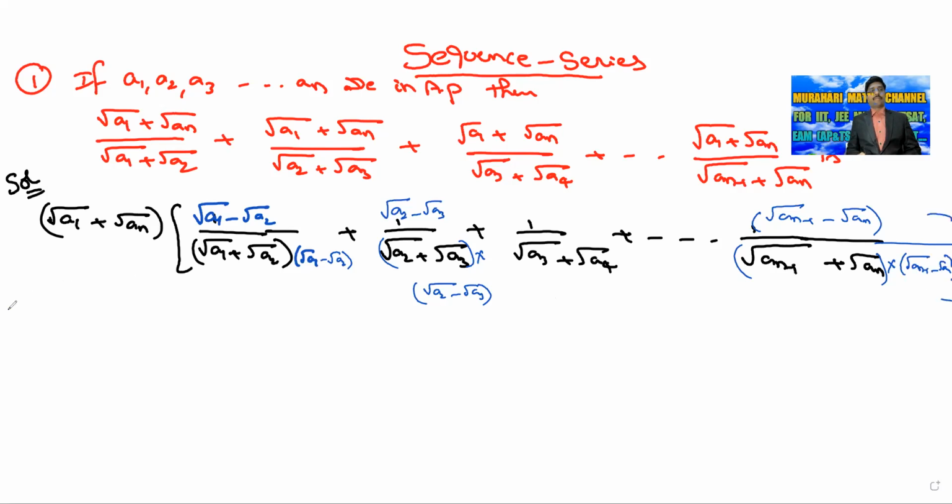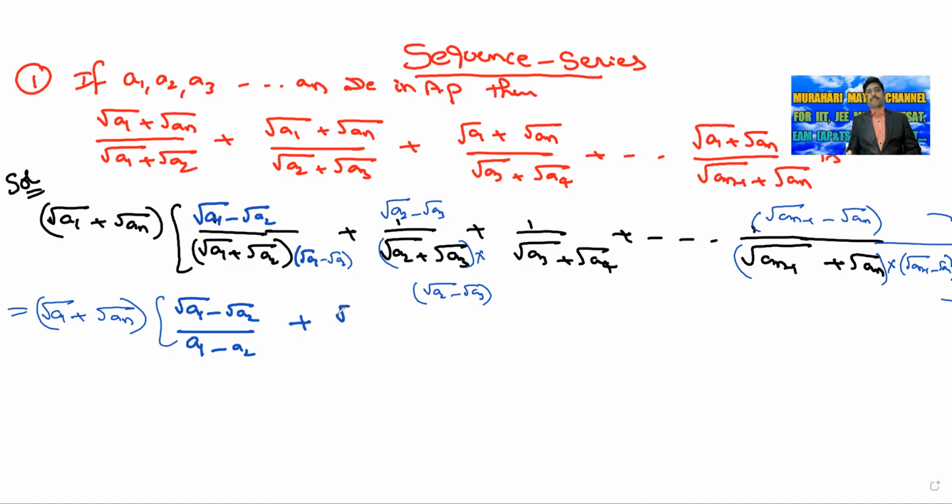Okay, it will be (√A1 + √An) into, in this, (√A1 - √A2) by, in the denominator, A plus B into A minus B, which is A square minus B square: √A1 square minus √A2 square is A1 minus A2.